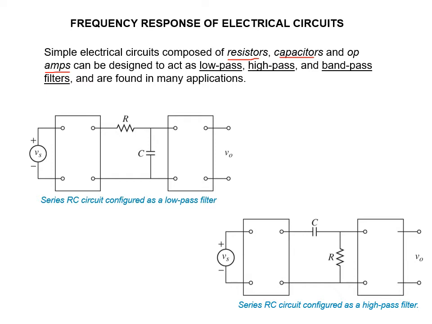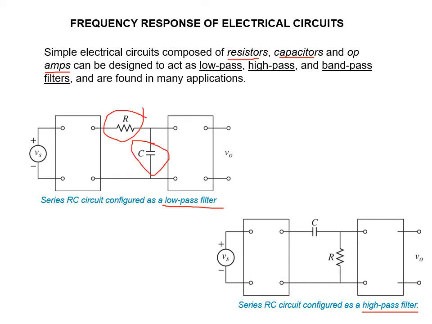Down below, we can see we have two different RC circuits. The top one here is configured as a low pass filter, whereas the bottom one is configured as a high pass filter. If we look closely, we can see the difference, and it's just a very subtle difference: it's the placement of our resistor and our capacitor.